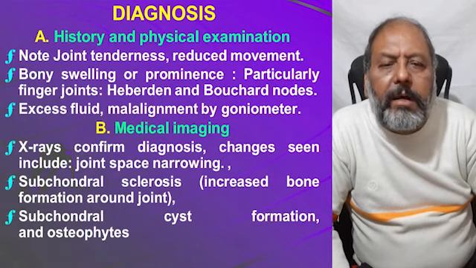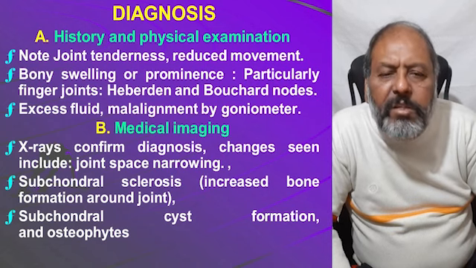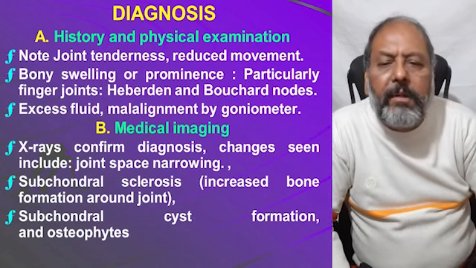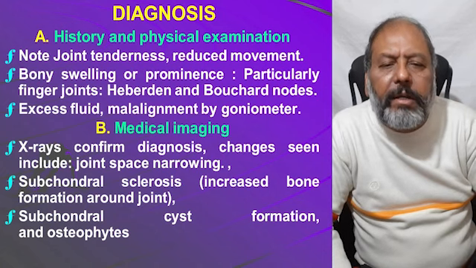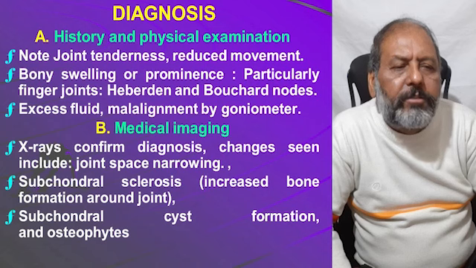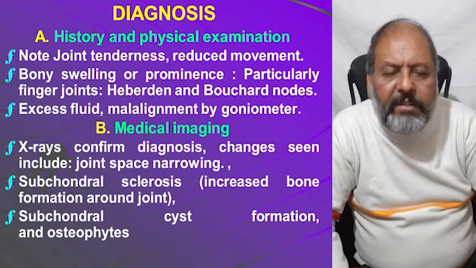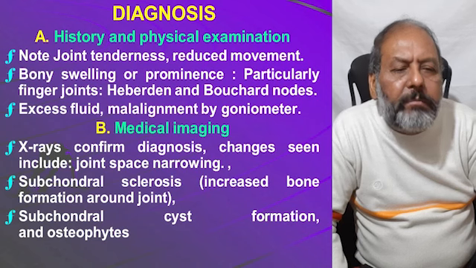Then note the joint tenderness, reduced movement, and bony swelling or prominence, particularly in the finger joints, where one can see the Heberden's and Bouchard's nodes, excess fluid, and malalignment that is measured by the goniometer.